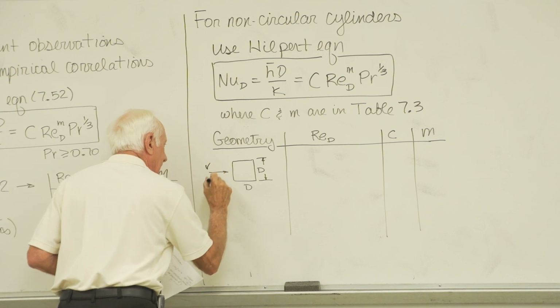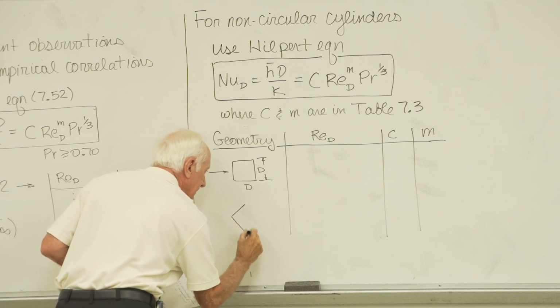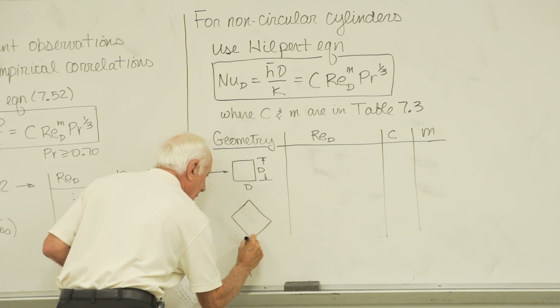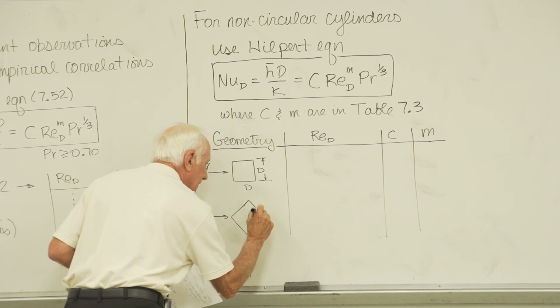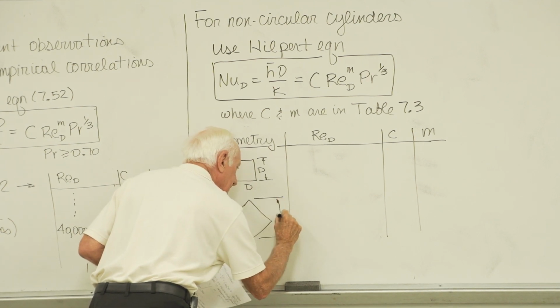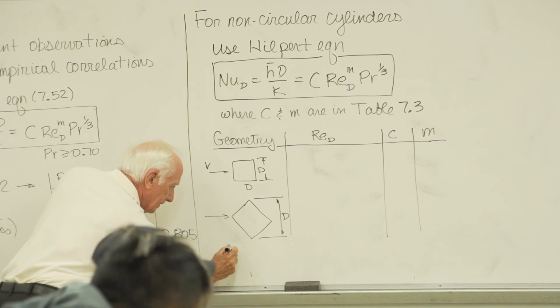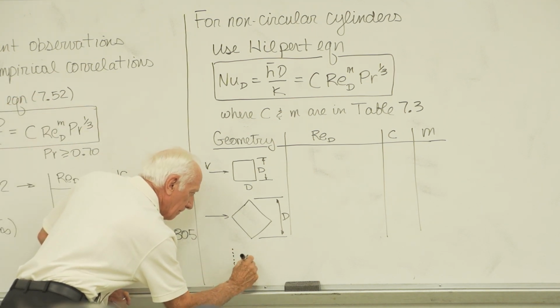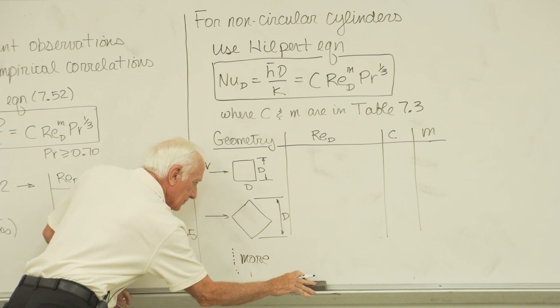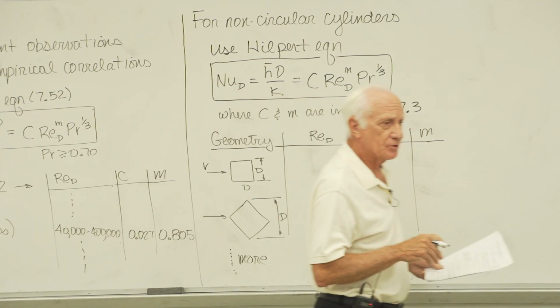And then there's another one, which looks like this, rotated 45 degrees. Flow hits here. This is D. And there are other ones here, there's more. So I've just shown you the first 2 in that table for square tubes.